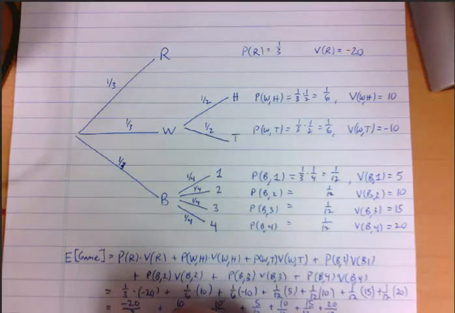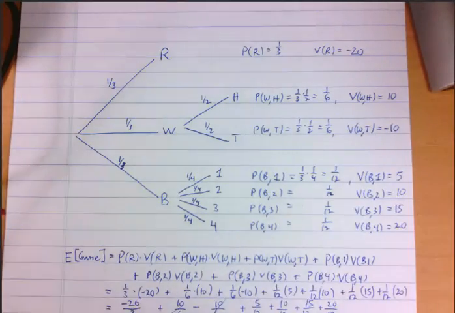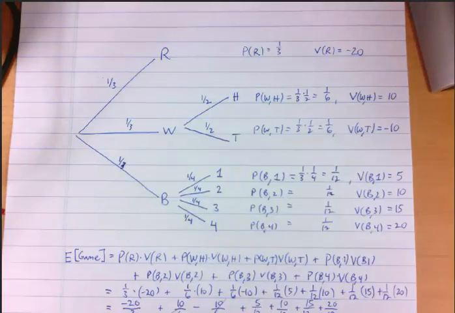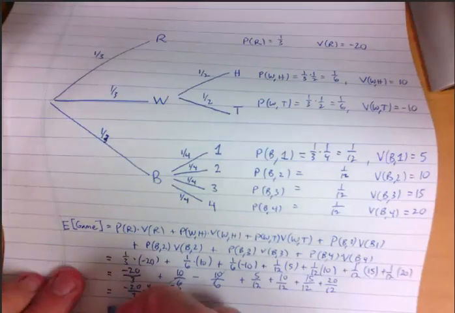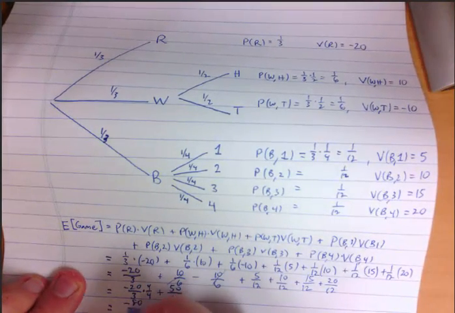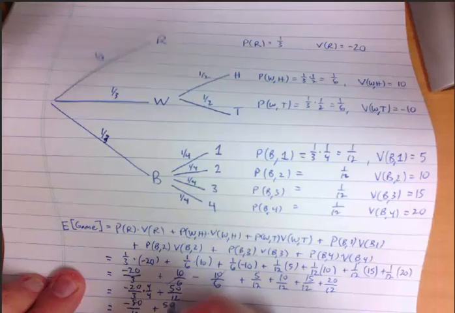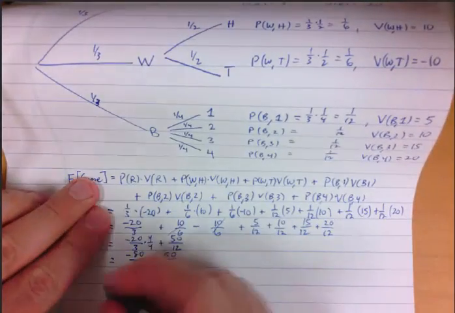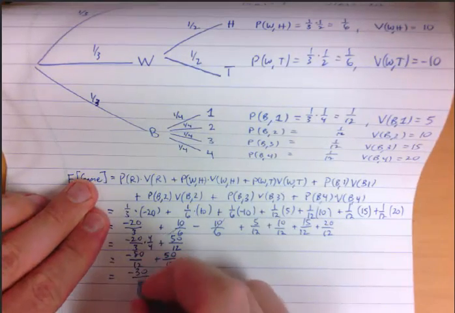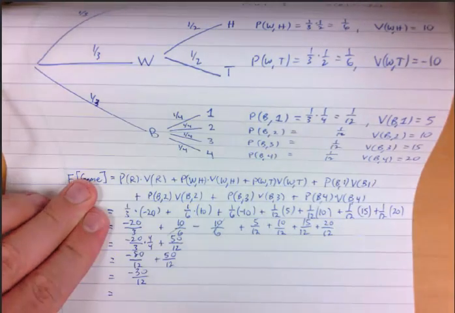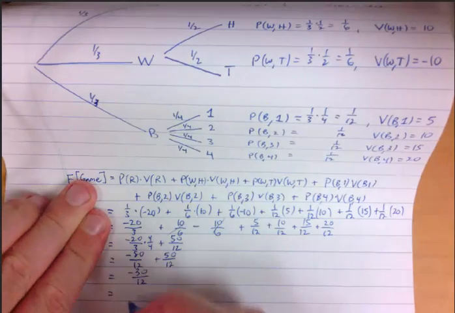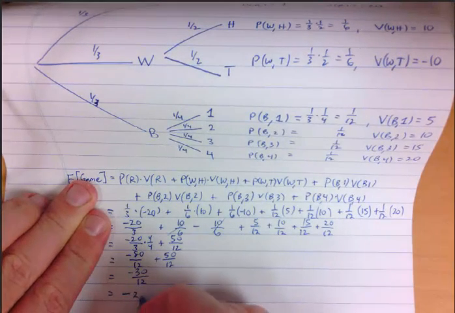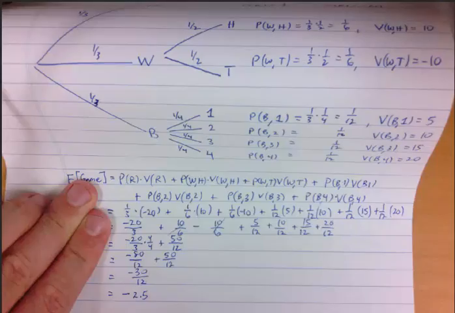So maybe multiply by 4/4. And I'm going off the bottom of my page here. We'll get -80/12 plus 50/12, which works out to be -30/12, or if you do long division, we'll find that that's -2.5.